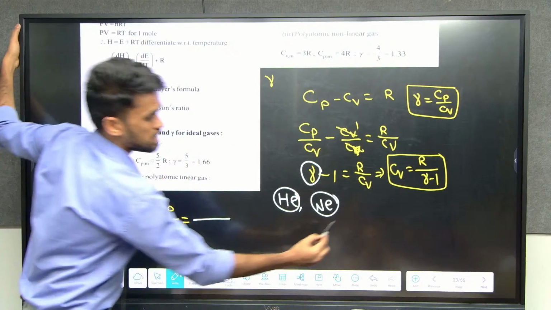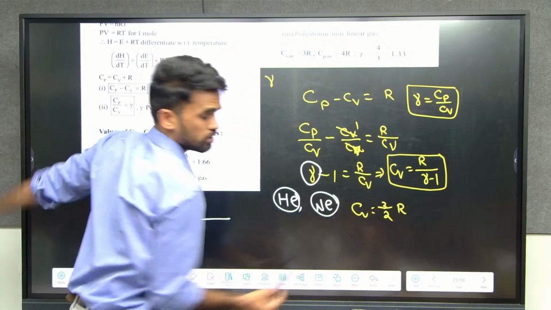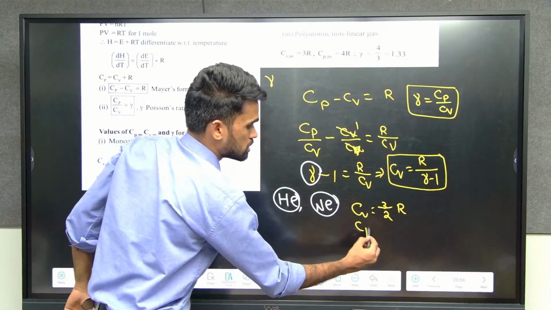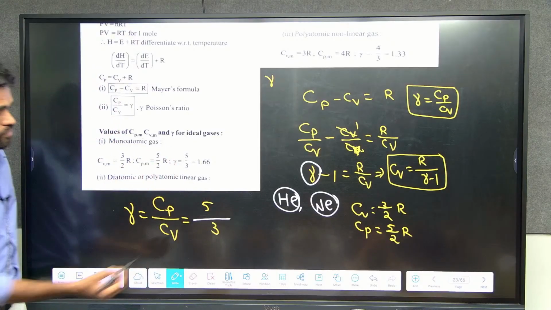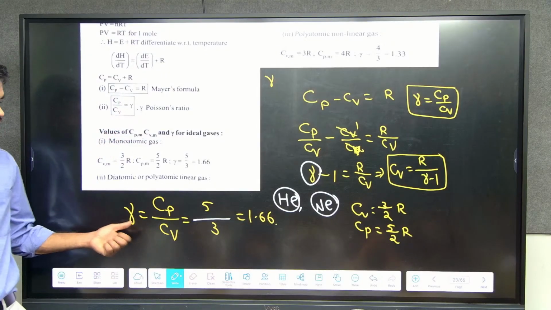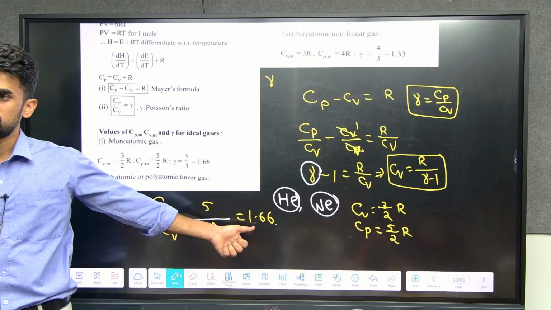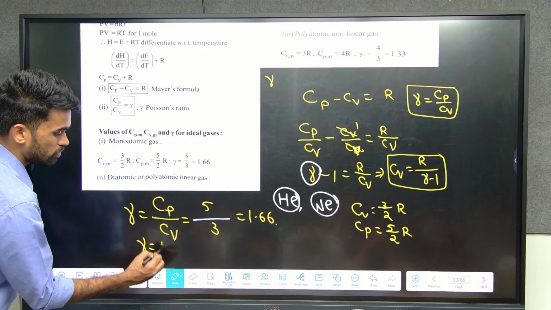For them, Cv equals 3 by 2 R, whereas Cp equals 5 by 2 R. Upon simplifying, you will get 1.66. So gamma for monoatomic gas is 1.66, and gamma for diatomic will be 1.4.